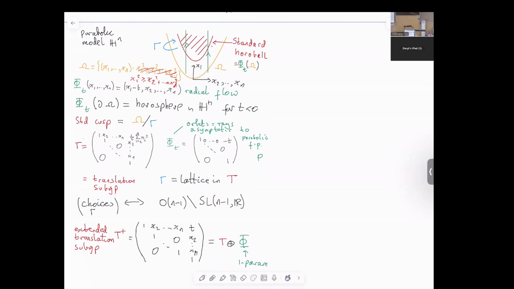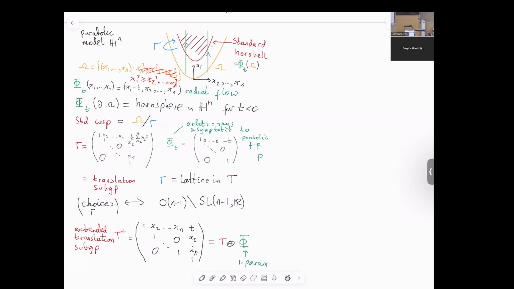It's a subset of Euclidean n-space, where the x1 coordinate is bigger than the sum of the squares of the other coordinates. So that's a paraboloid. The set of points above the paraboloid is called the parabolic model of hyperbolic space. And if you take this paraboloid and move it vertically upwards by Euclidean translation, you get a horoball. I described that in the upper half space model the other day. So here it's the points lying above a paraboloid, and I'm calling that a standard horoball.